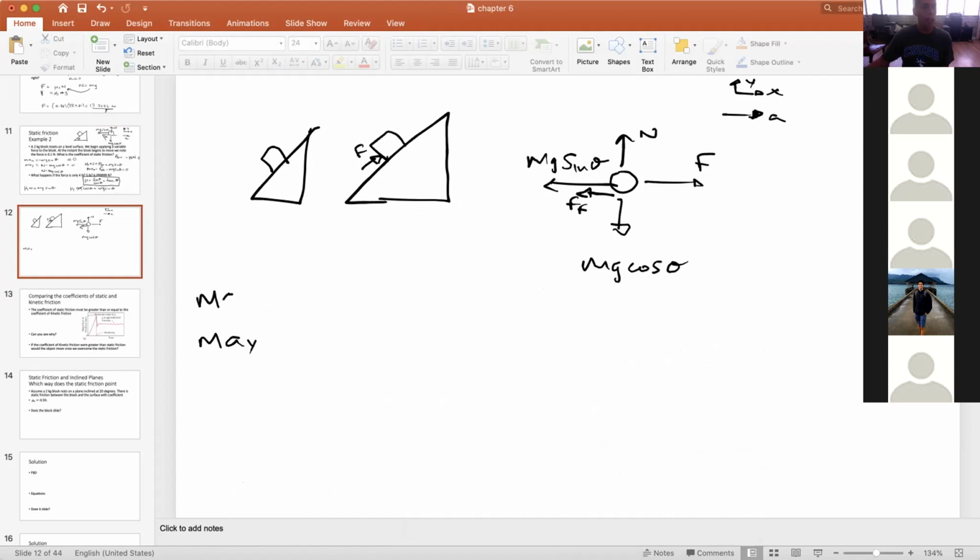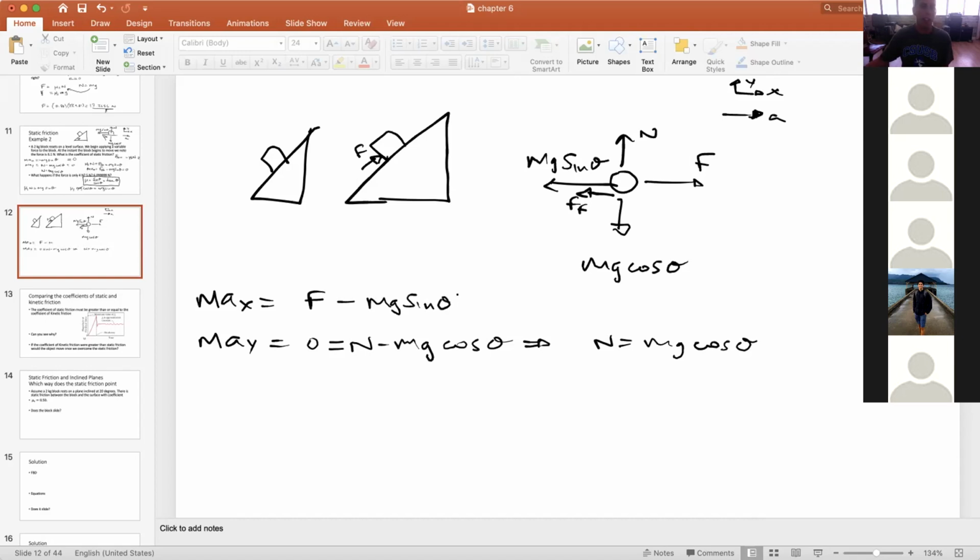MAY, MAX. MAY is 0, it can't leave the surface, N minus mg cos, and that gives us that N is equal to mg cos. MAX, assuming A is going to the right, is F minus mg sine theta minus force of friction. Right before it moves, there is no acceleration in X, so F minus mg sine theta minus F of friction is 0. What did I want to know?